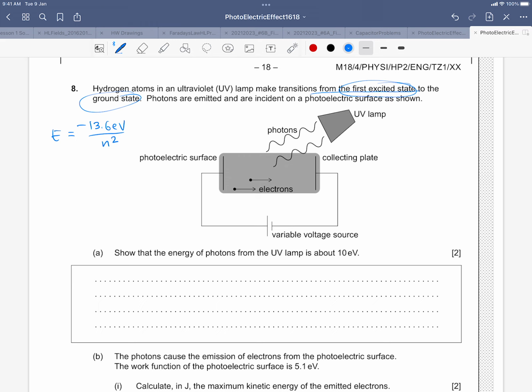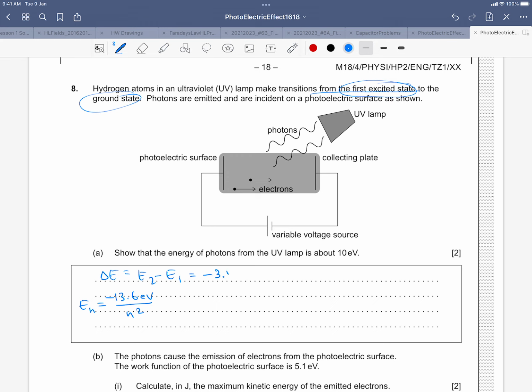And so the first excited state is E2, and the ground state is E1, right? So that's the energy we're looking at. So delta E is E2 minus E1, where En is this. And then we can calculate those, of course.